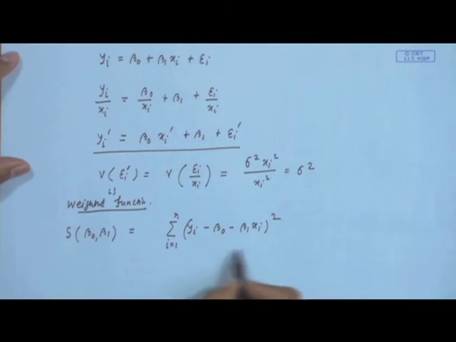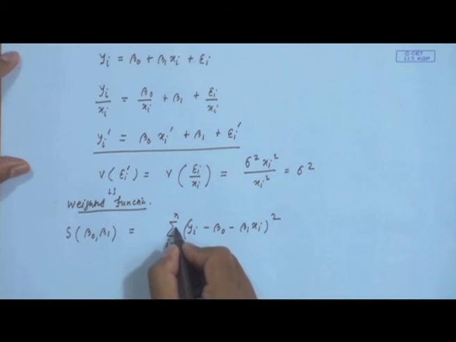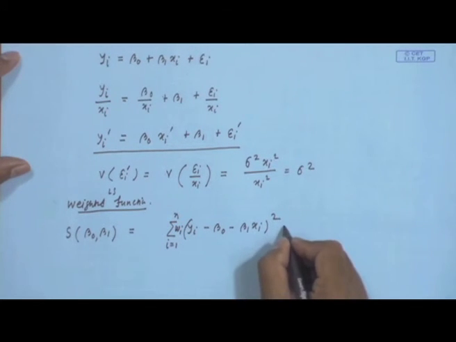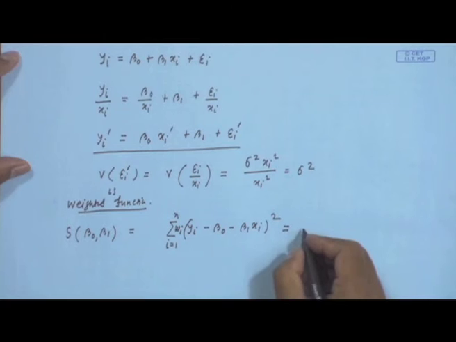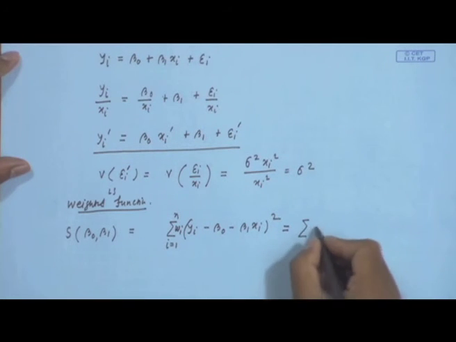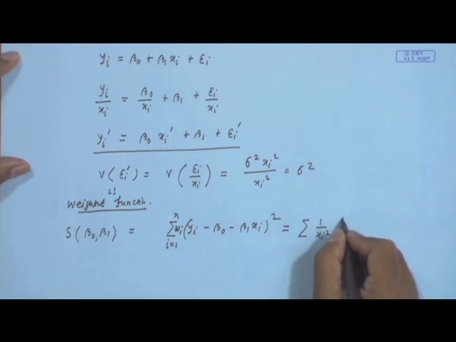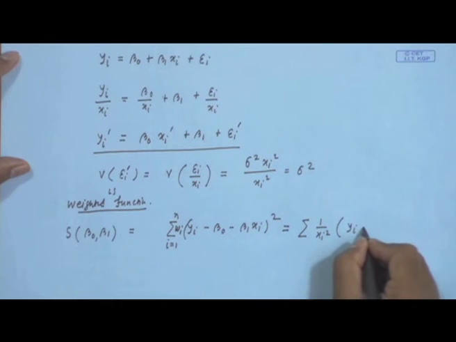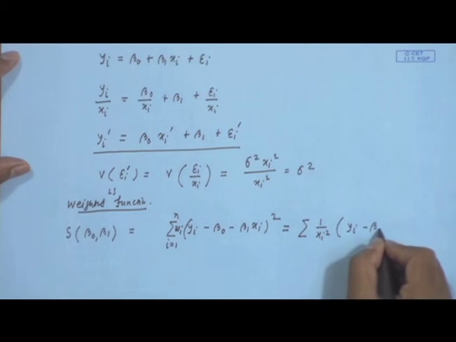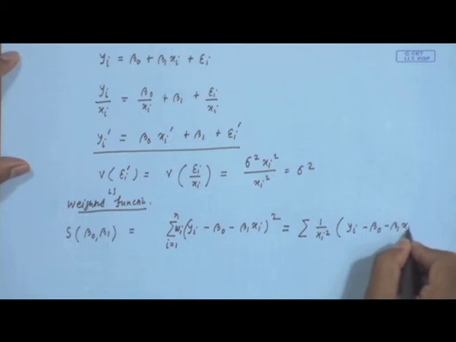We estimate beta naught and beta 1 in such a way that this is minimum. That is what the ordinary least square technique is. Now, in the weighted least square we put a weight for the ith observation, that is w_i, and in part 3 of the problem, it says that the weight is 1 by x_i square. So, S is the sum of w_i, which is 1 by x_i square, times (y_i minus beta naught minus beta 1 x_i) square.